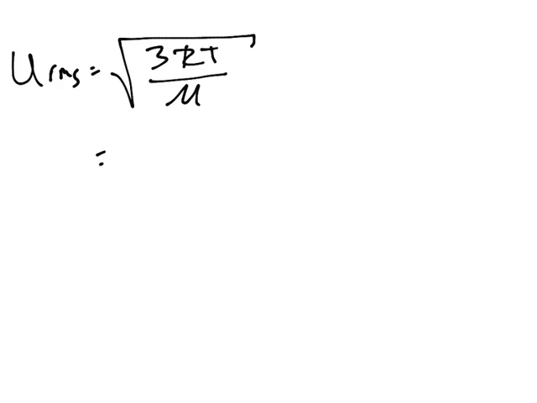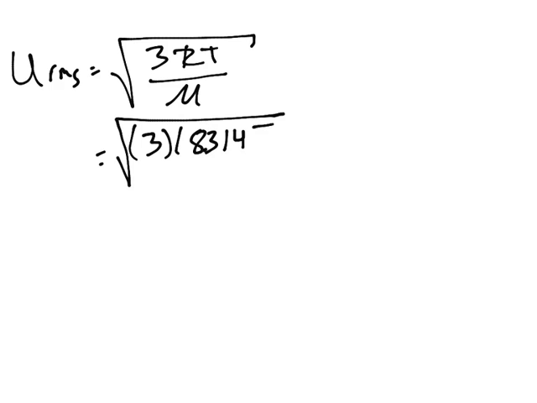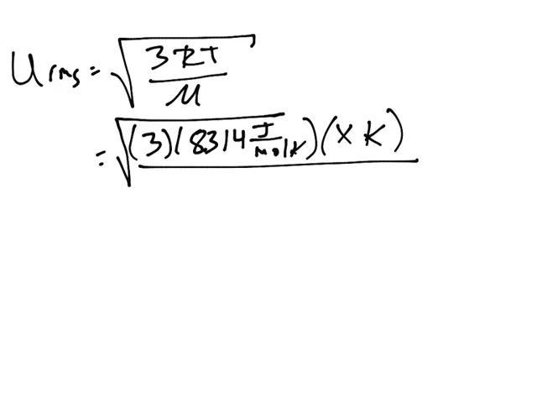We have our square root here. I'll make it really big. Our 3 here is just a coefficient, that doesn't matter. Our R is 8.314 joules per mole Kelvin. And our temperature is in Kelvin, so just X Kelvin. Over the molar mass, we'll call it Y, kilograms per mole.